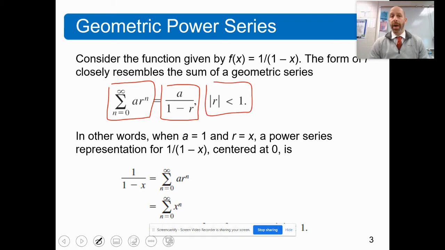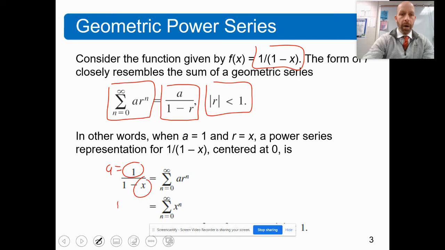As long as we're within 1 away from our center, which is probably 0 in this case, then we're good. In other words, in our example above, a is 1 and r is positive x, because this is a minus and that's what we wanted.